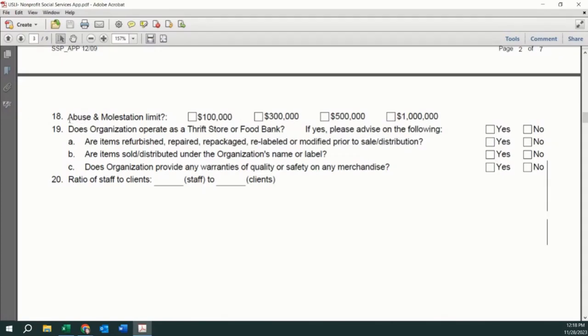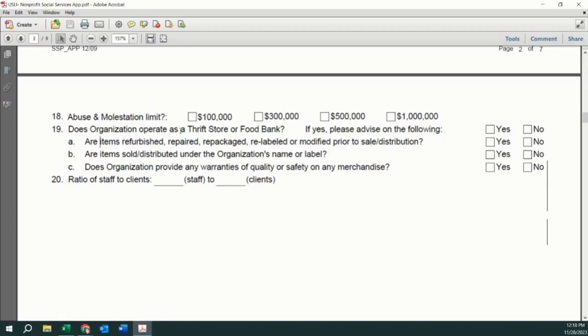I don't believe the landlord policy, a contents policy, or an umbrella policy covers abuse and molestation. When you're dealing with really any type of population, you'll probably want to have that coverage for peace of mind.